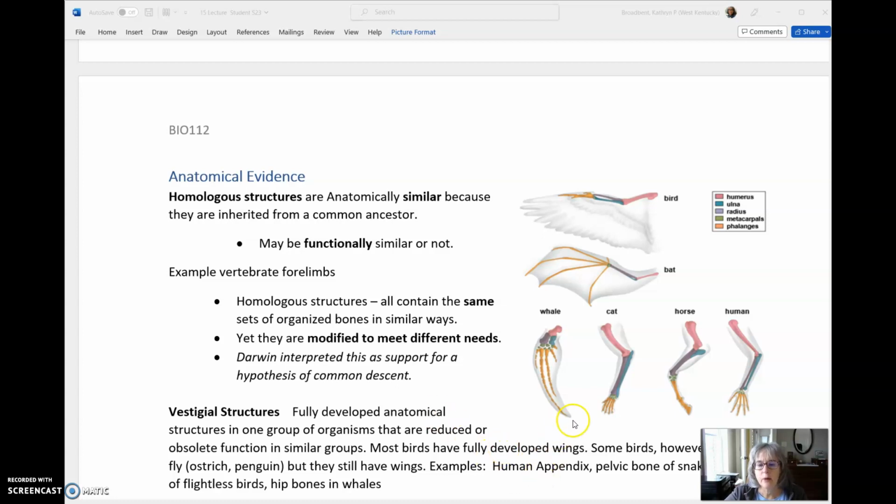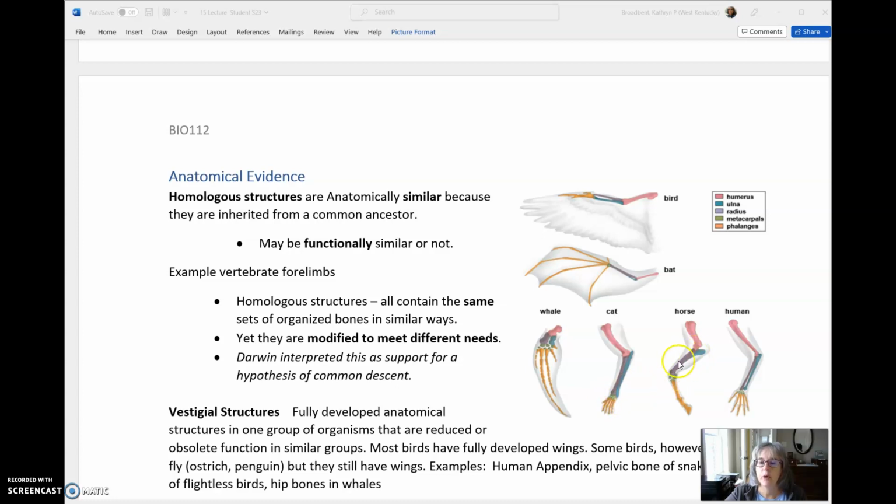So in a whale, the finger bones have been extended to this long degree, and the wrist is way up here. With a cat, the finger bones are quite short, and then we've got the same purple and blue bone, but they've been elongated, and we get an elbow. The horse, the finger bones are here, and then we have the same joint as this wrist joint, but it's up here.